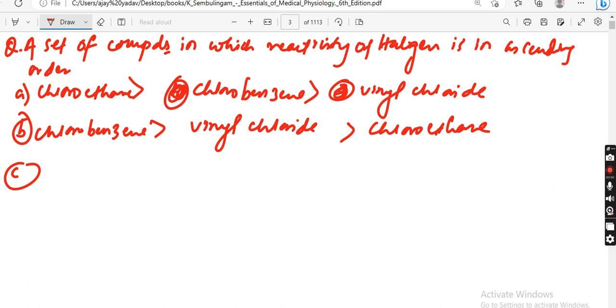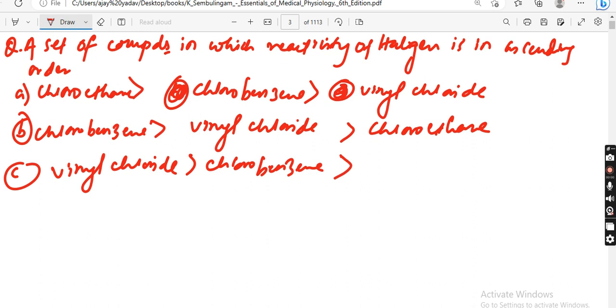Option C is vinyl chloride, then chlorobenzene, and then chloroethane.